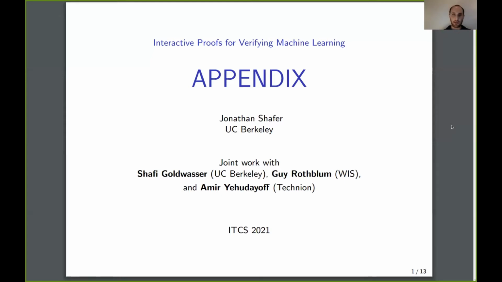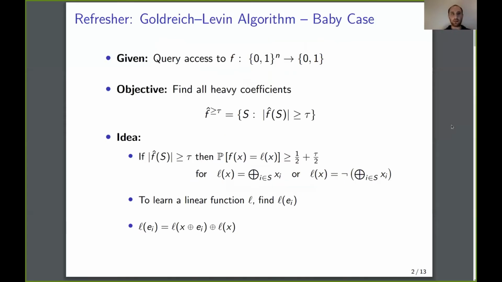Okay, so let's start with a refresher about how the regular Goldreich-Levin algorithm works, before we discuss how to turn that into an interactive proof. The regular Goldreich-Levin algorithm has query access to some function f from the Boolean hypercube to {0, 1}.